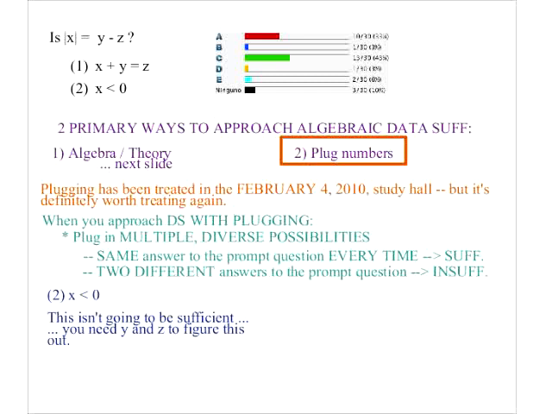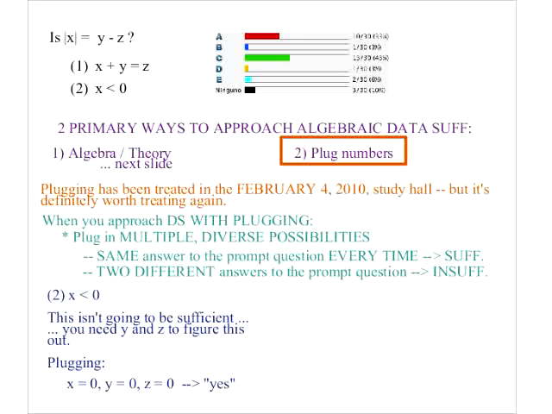But plugging, if you let x is 0, y is 0, and z is 0, then that's a yes to the question. And if you let them be basically anything else, unless you get really unlucky, it'll be no.